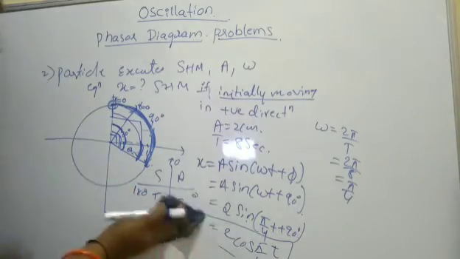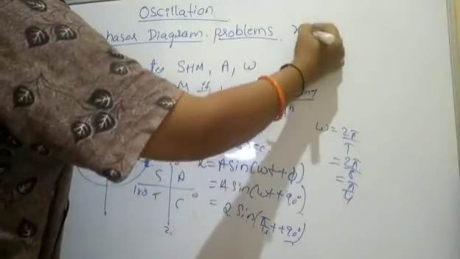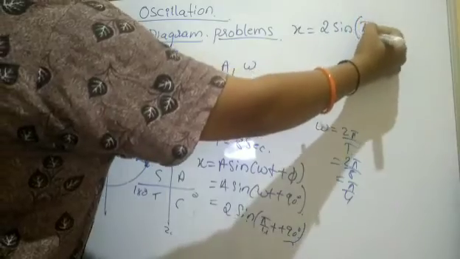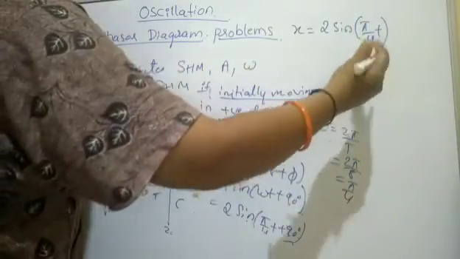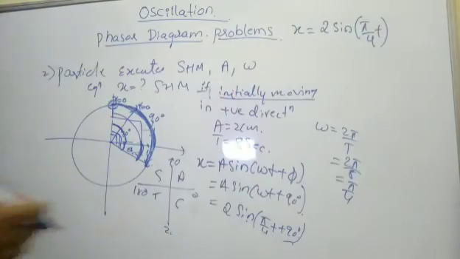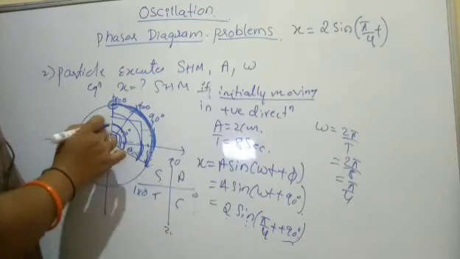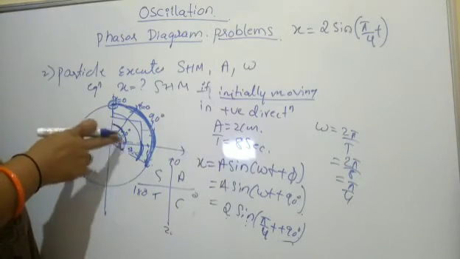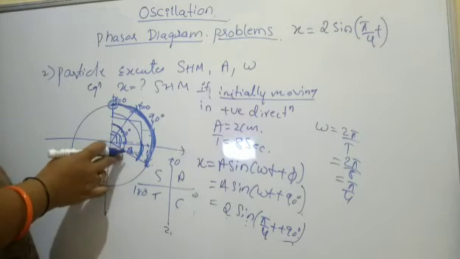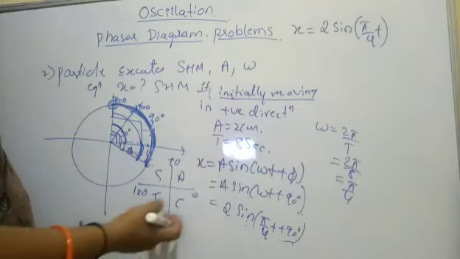So I think the camera is not catching here, so I'm going to write it here. X is equal to 2 sine pi by 4 t plus 90, because 90 is the phasor from the initial phase, where theta is the angle made, equal to omega t, the angular displacement, right?